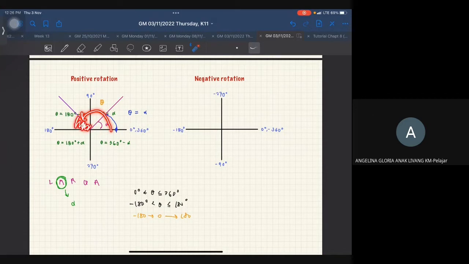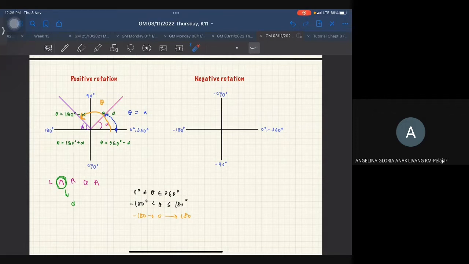So we eliminate this part, macam mana kita nak eliminatekan dia, so that's why lah 180 tolak dengan alpha untuk dapatkan this one. Okay, so saya tak pernah hafal this formula, this one dengan this one. So apa yang saya buat adalah saya faham je. So saya faham dekat mana kedudukan dia dalam setiap quadrant and how am I going to find that value of theta dalam each quadrant yang ada. Okay, so that is for positive rotation.